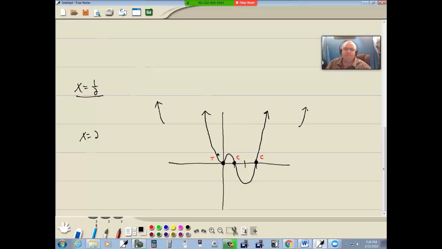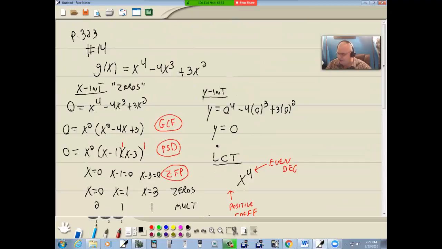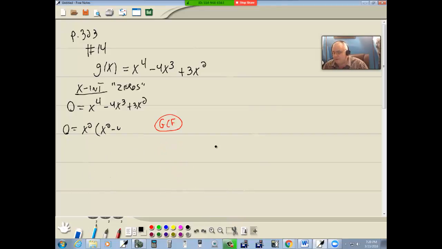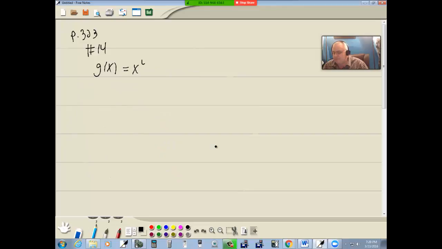Okay. Let me pick another problem. Let me clear that off. And I'll pick one that maybe is not so easy to see, so we can use a combination of the by hand and calculator. Let's take a look at number 29.